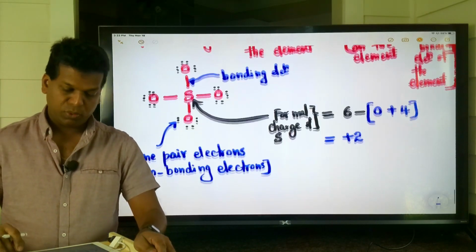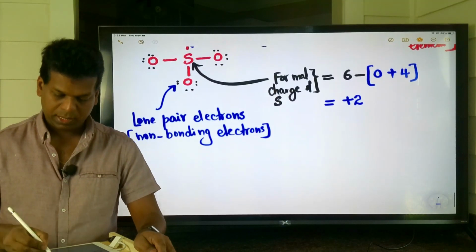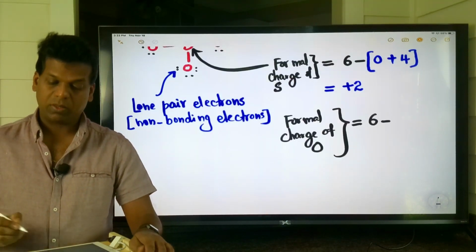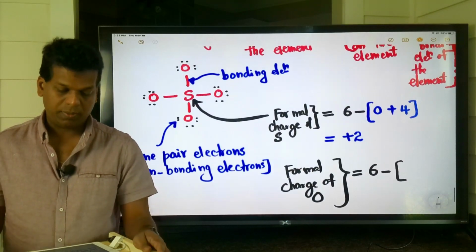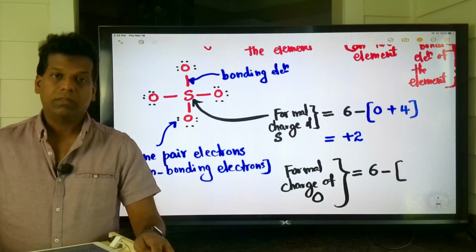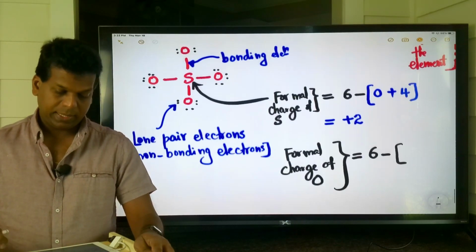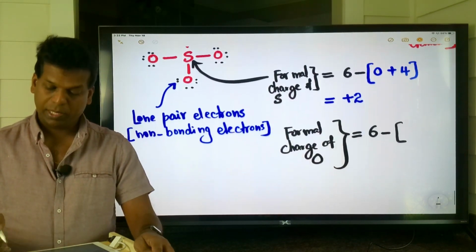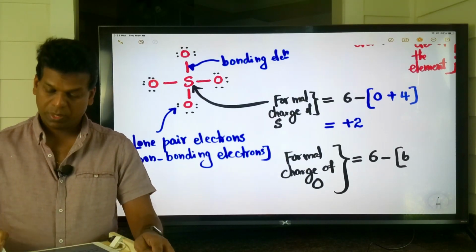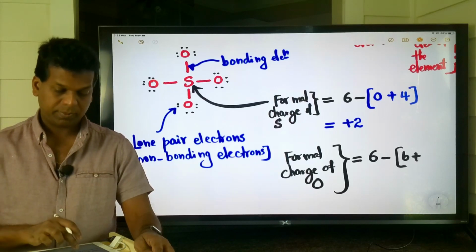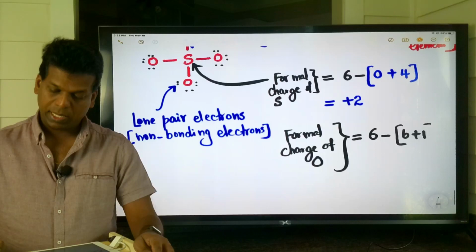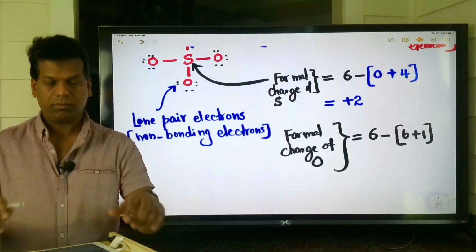If I calculate the formal charges of oxygen, let's calculate it. Oxygen is in group 6, so 6 valence electrons, and let's take one oxygen, it doesn't matter, all 4 are the same in here. If I take one, there are 6 lone pair electrons, because you see those 6 dots, plus 1 bonding electron. There are 2, but we need half.